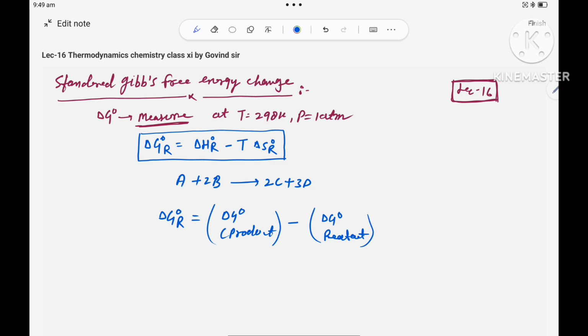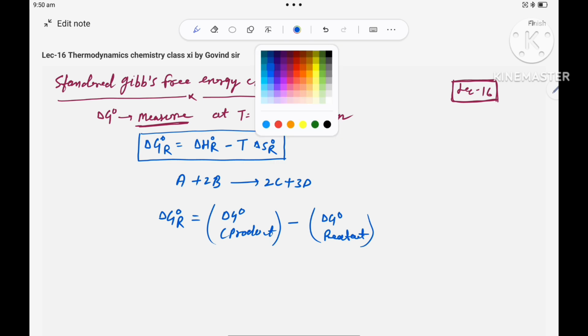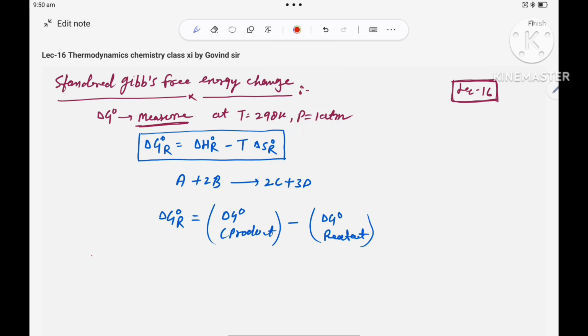Okay, like an equation is given: I2 solid plus H2S gas is forming 2HI gas plus sulfur solid.